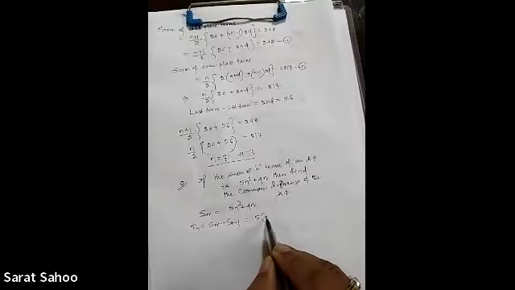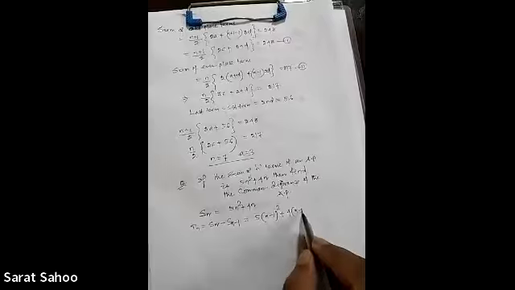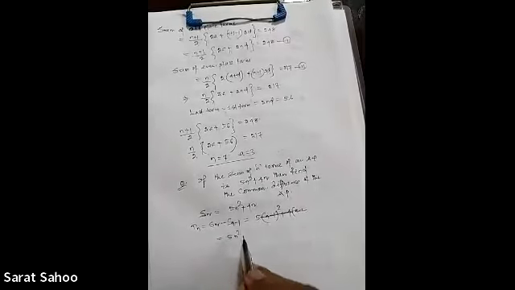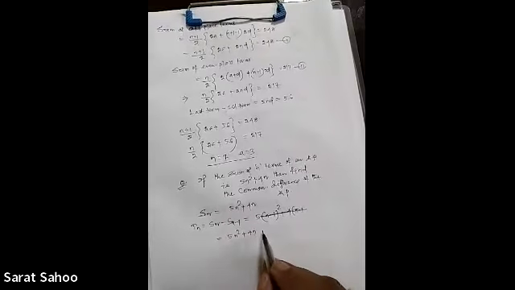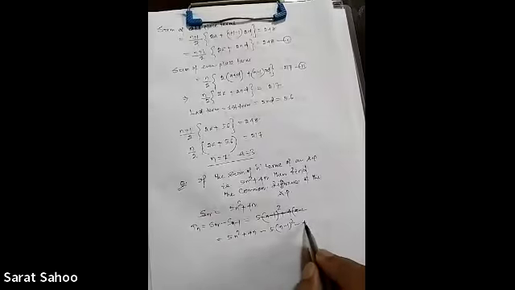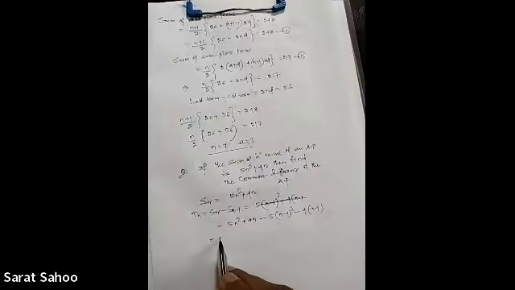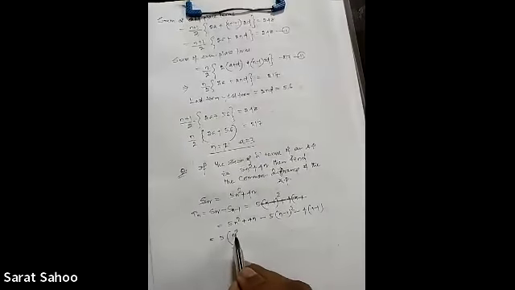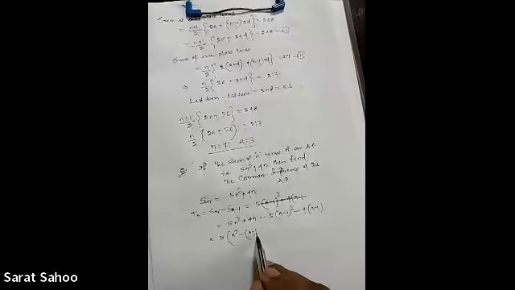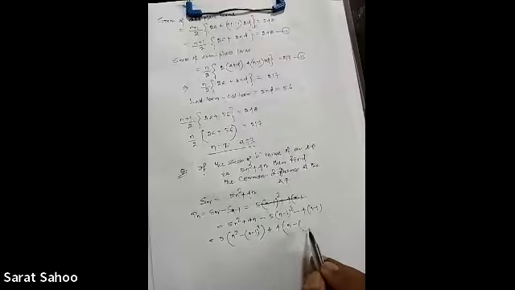So 5n square plus 4n minus 5 into (n minus 1) square minus 4 into (n minus 1). This is equal to 5 into [n square minus (n minus 1) square] plus 4 into 1.